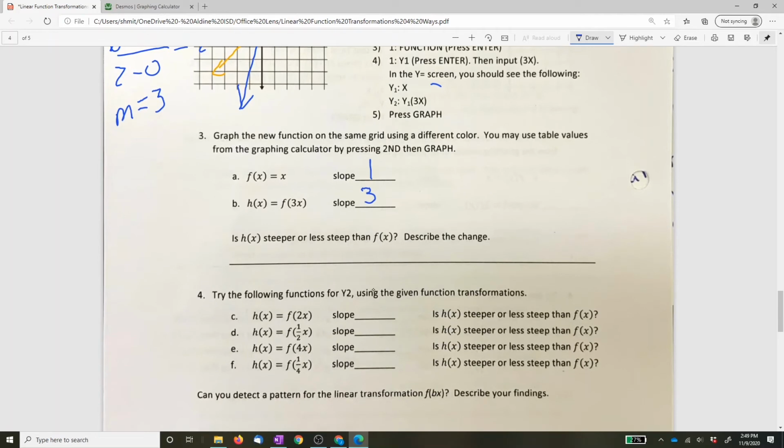Is the new one steeper than or less steep than f of x? Obviously, it's steeper. h of x is steeper than f of x by a factor of 3.